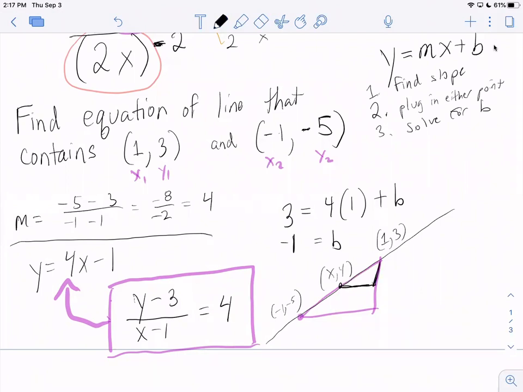We get similar triangles when we compare the legs and put a ratio, and we get y minus 3 over x minus 1 equals 4 to 1. And one other comment: whenever you're doing this type of equation of a line, just do a quick sketch to make sure that your final answer makes sense.